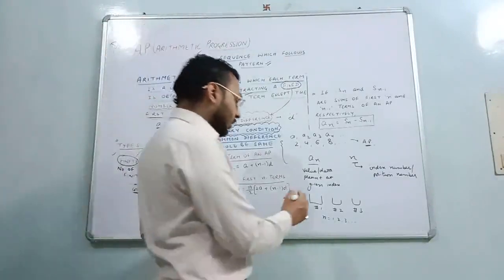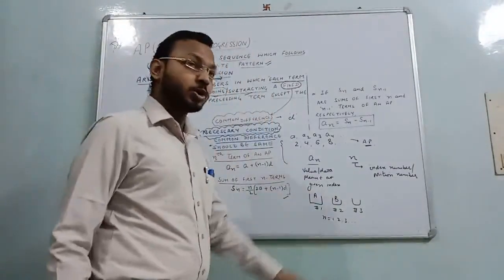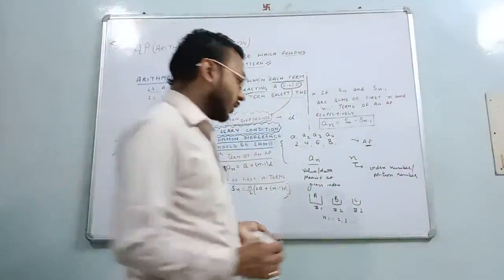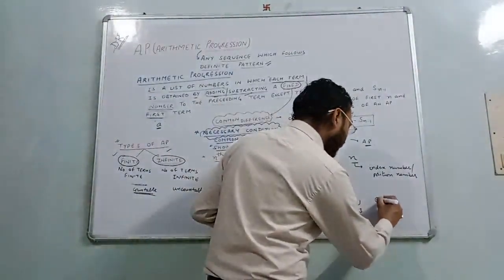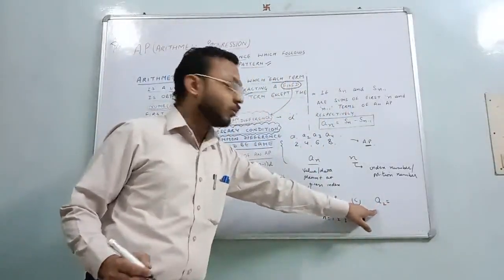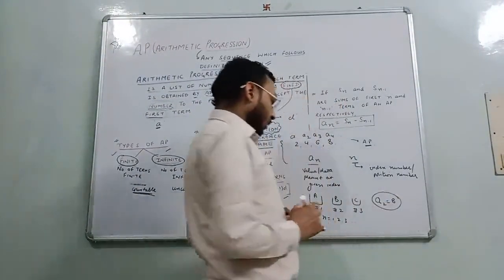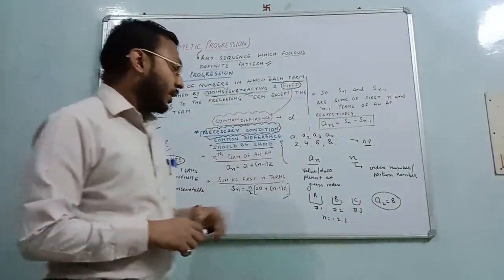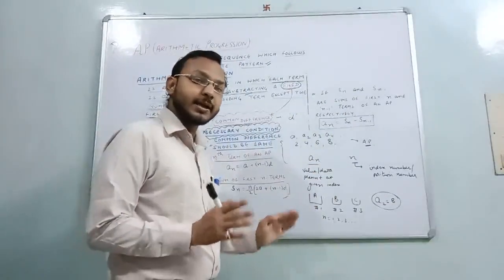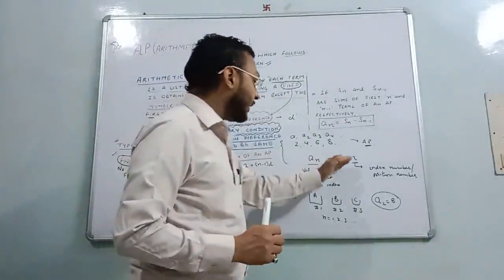But if in house number 1 A is sitting, B is sitting in house number 2 and C is sitting in house number 3, and I want to calculate a2, here a2 means the person sitting in house number 2. So the answer would be B only. Okay, I guess now it is clear. n means the index number and an represents the value present at the given index. This is a generalized way to differentiate between n and an.